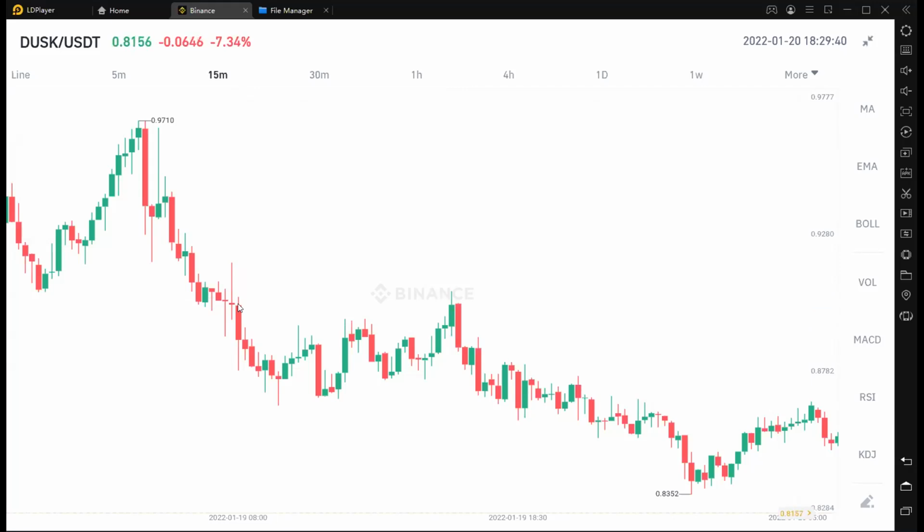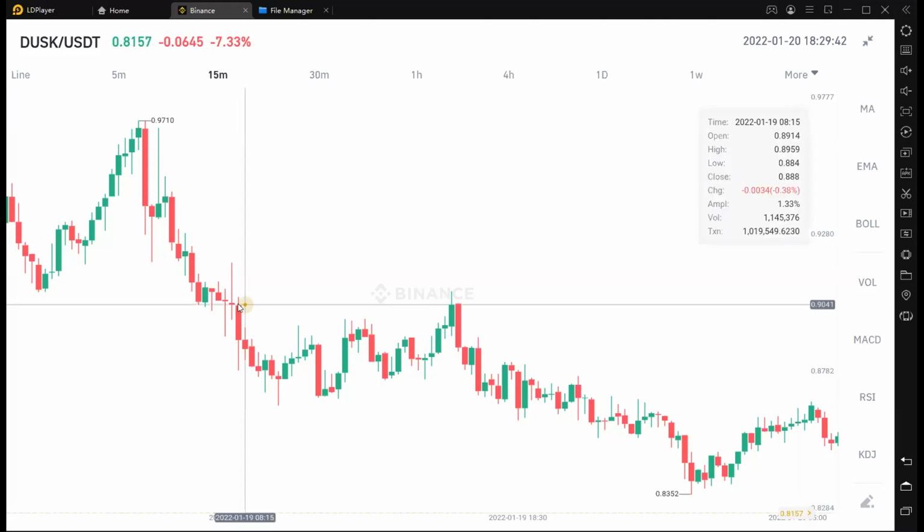So the open price has to be higher than the closing price. For a green candle, the opening price has to be lower than the closing price. So it opened at 0.90, and then it closes at 0.88. So that was the lowest. This is a 15 minutes candle. This is the details of what happened to this coin in 15 minutes.